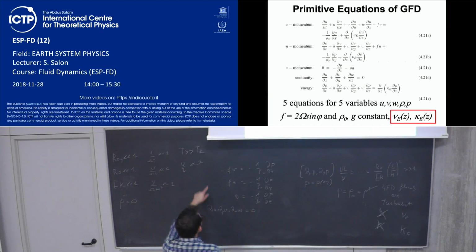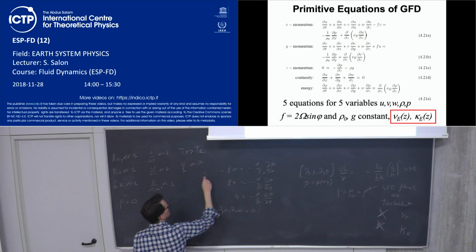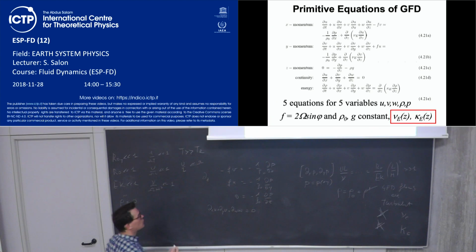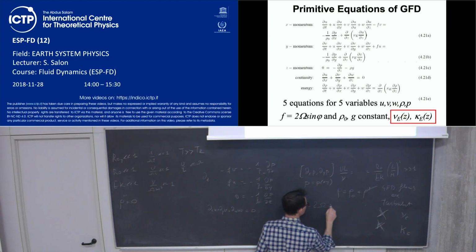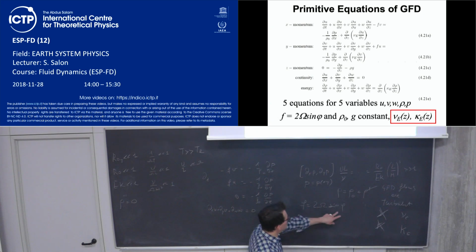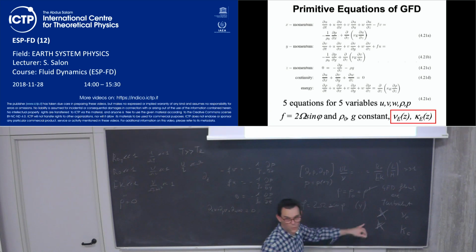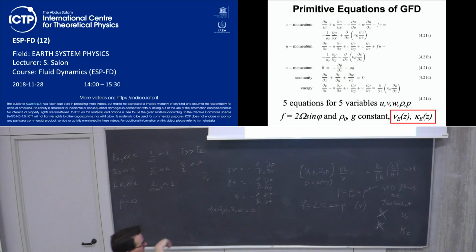If we apply to the 2 horizontal components the derivative over z, the question is, how does this flow change in the vertical? So f is the Coriolis parameter. The only dependency is on phi, which is the latitude, which is practically y, because latitude changes in the northward direction.